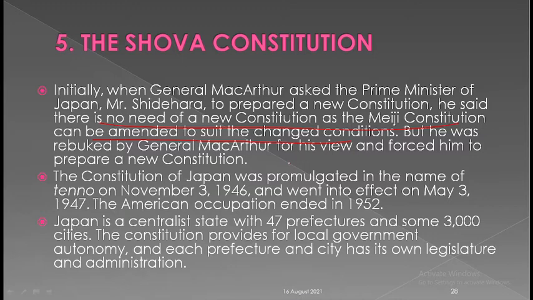So the Prime Minister of Japan reluctantly made his cabinet ministers and started preparing a new constitution. And when the first draft of the constitution was submitted to the Allied forces, it was not accepted. So the Allied forces, headed by General MacArthur, made a lot of changes and gave it back to the government of Japan.